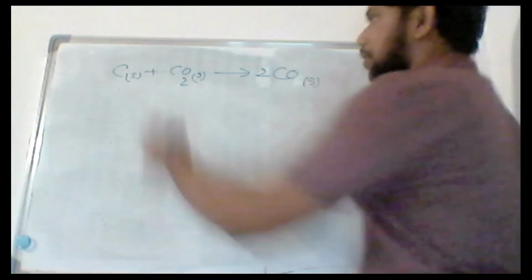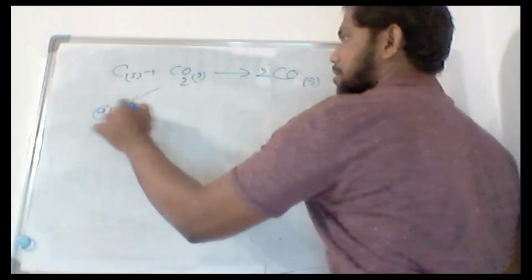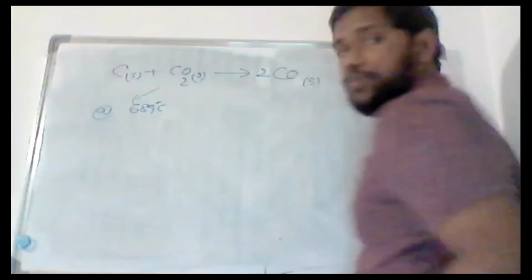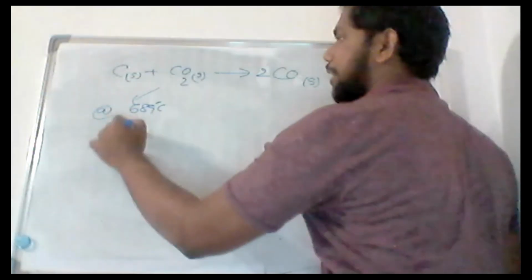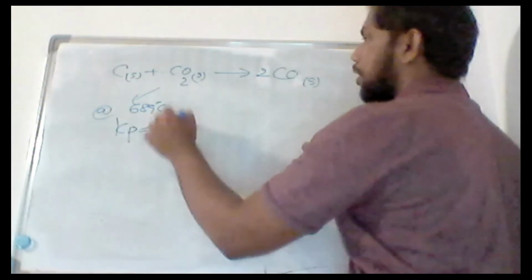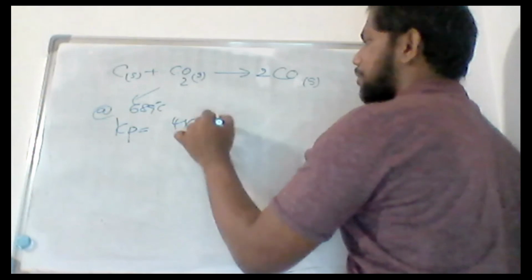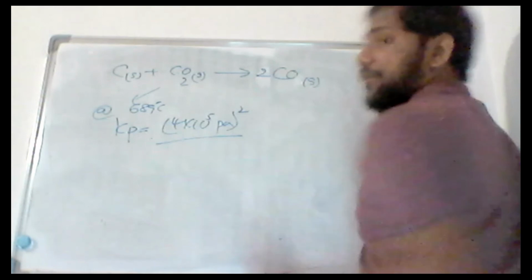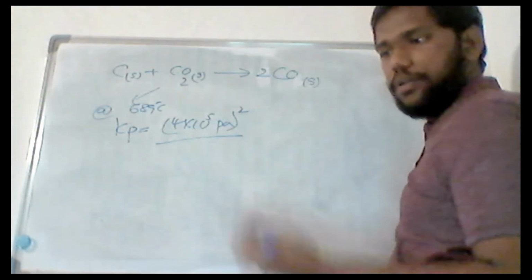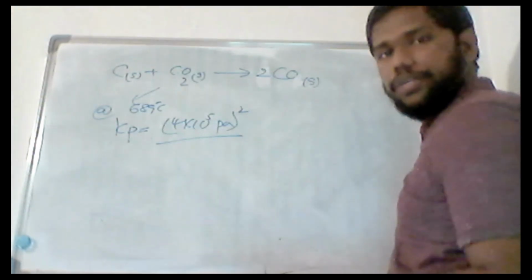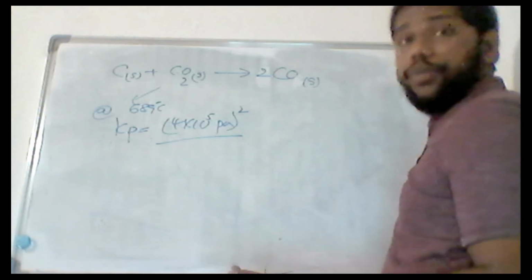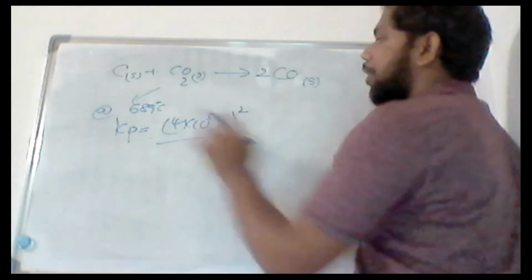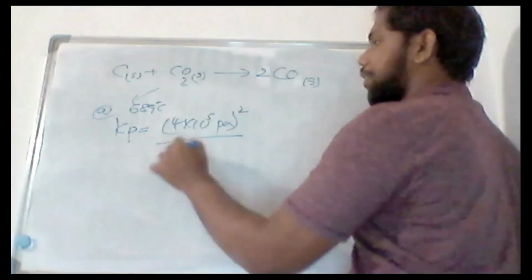Okay, so at 689 degrees Celsius, whatever the temperature, we found that Kp is equal to 4 into 10 to the power 5 Pascal squared over, because we found according to PV equal nRT and mole fraction and all those calculations, the partial pressure was 4 into 10 to the power 5.